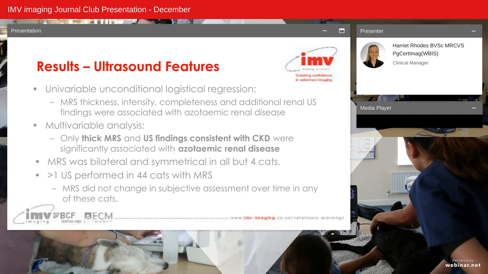The median number of scans was 2, with a range of 2 to 11. The time interval between subsequent scans was highly variable, with a median of 171 days, but the actual range was from 3 to over 2,000 days in between. Despite the range, it was found that the features of the medullary rim sign did not change in subjective assessment over time in any of the 44 cats.